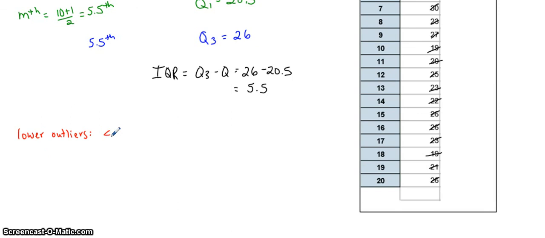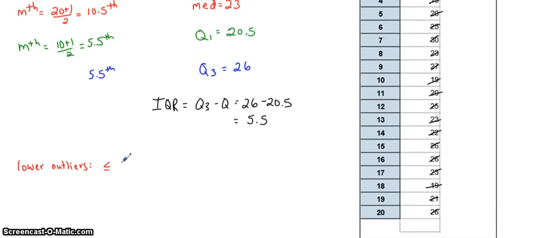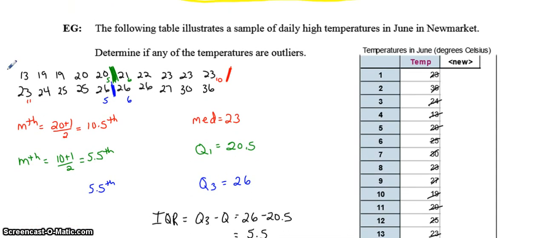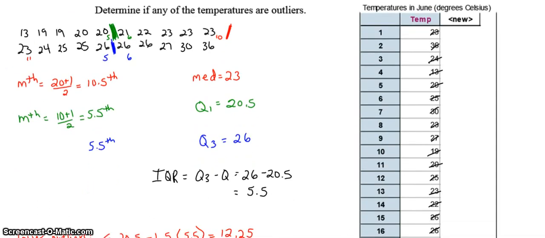So less than or equal to Q1, which is 20.5, minus 1.5 times the interquartile range, and that is equal to 12.25. So anything less than 12.25 would be a lower outlier. There is no data less than 12.25, so there are no lower outliers.